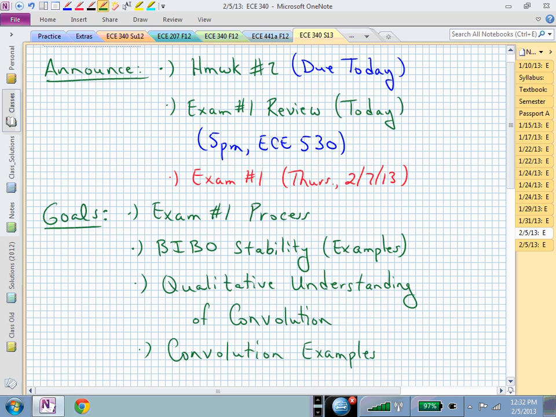This is really an input-output stability concept. It's dealing with the system or a transfer function between a particular input and a particular output, and you're looking at the poles of that transfer function to determine the bounded input, bounded output stability.